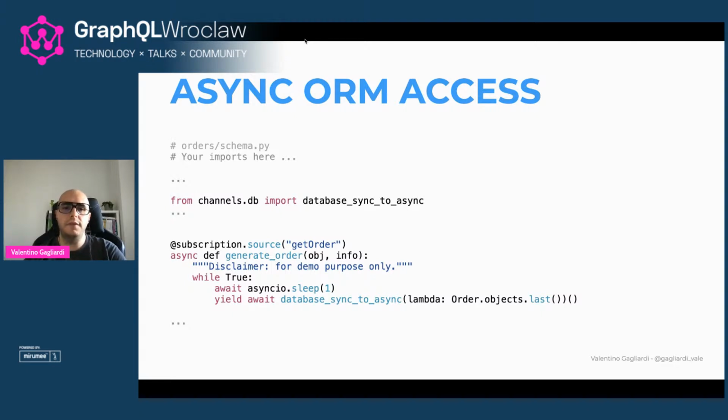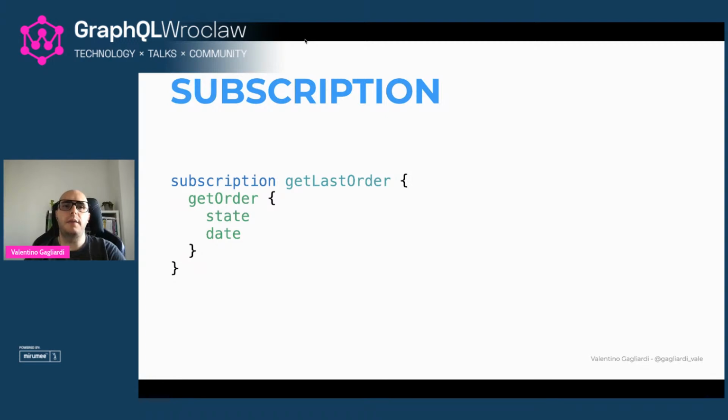The result of this call is the actual data that is fetched from the database. And this is the data that Ariadne passes to the resolver. This is the subscription that you can fulfill with the machinery that we saw before. So you need an asynchronous generator function and a resolver.